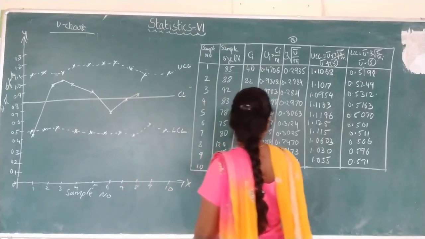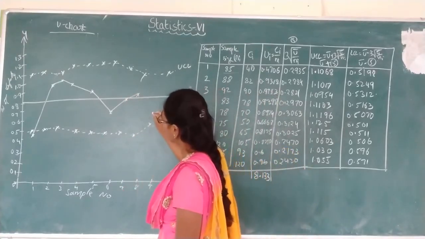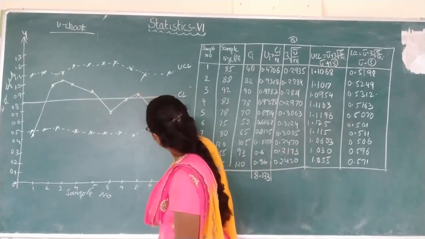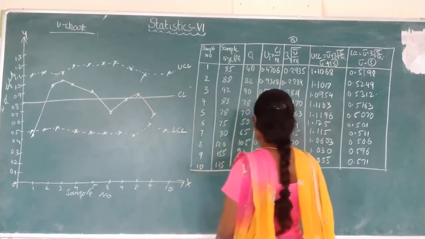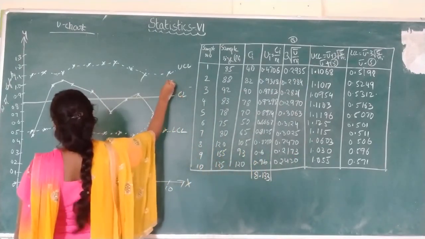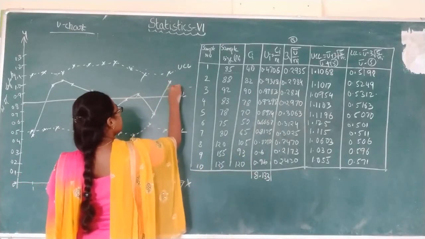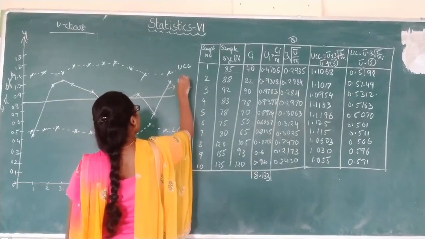Next value is 0.6. Ninth value is 0.6. And the last value is 0.96. So this is the required UI line.